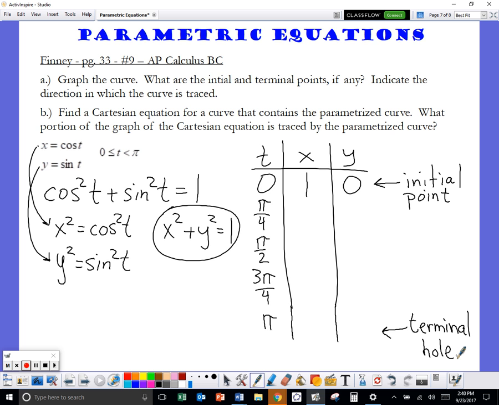So plugging in pi over 4, these are square roots of 2 over 2. The question is, where are we moving? Well, square root 2 over 2 comma square root 2 over 2 is in the first quadrant. So we've moved from the x-axis up to the first quadrant. We are going in the counterclockwise direction.